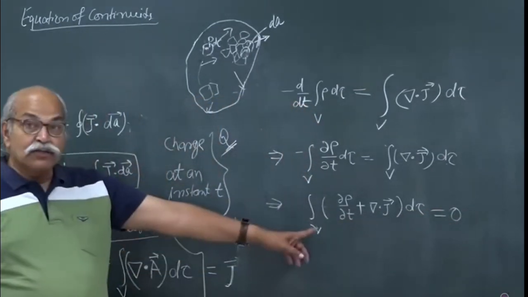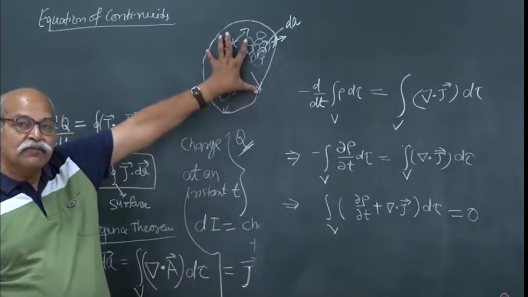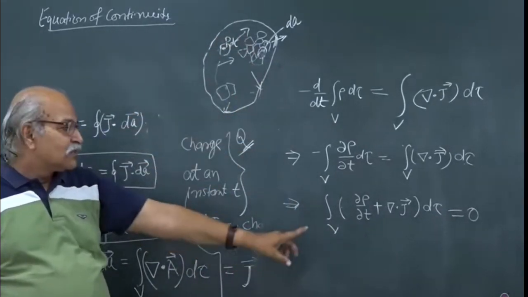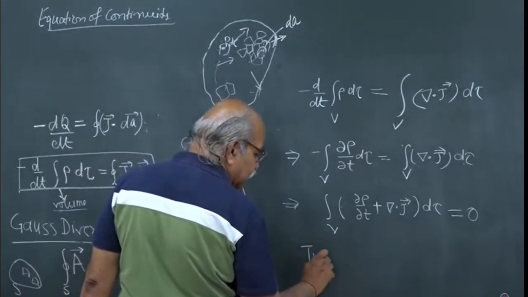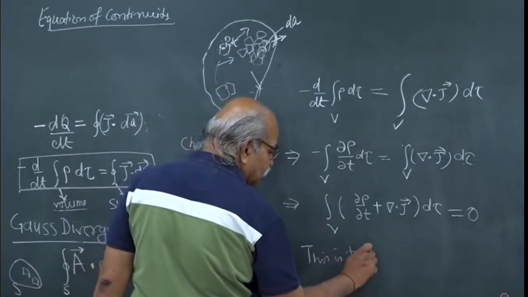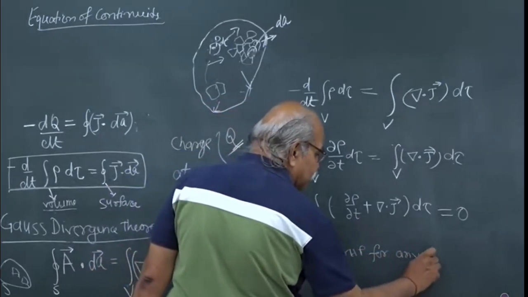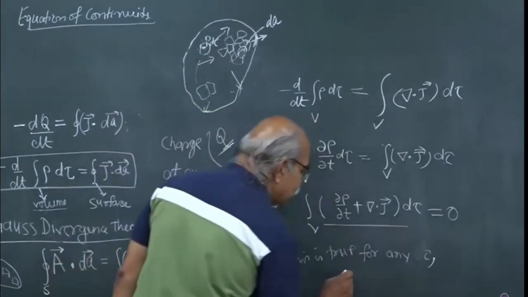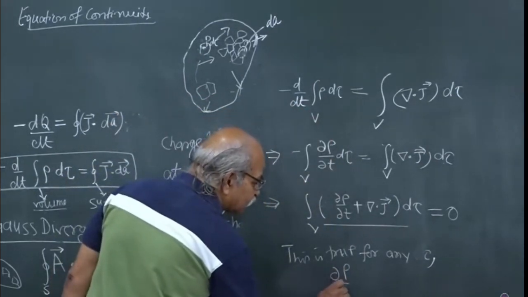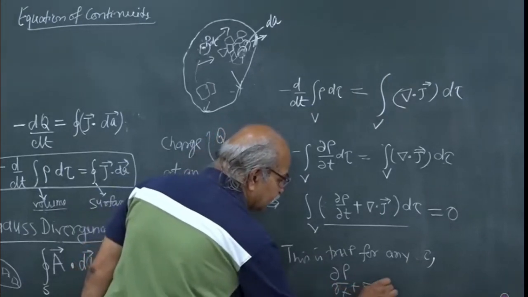And since it is true for any volume, we started with an arbitrary volume, this is true for any tau, whatever tau you want to take. That will happen only if del rho del t plus the divergence of j is equal to 0.